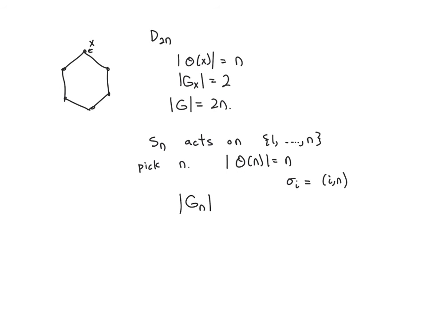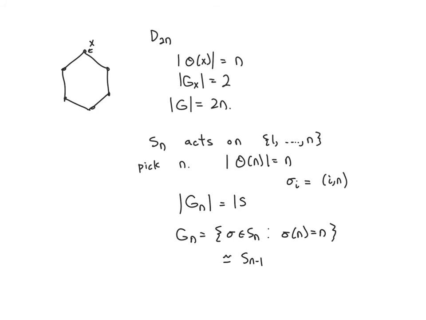So what's the stabilizer? It's those permutations that fix n, which means n is a 1-cycle, which means that you can just pretend that you're working with S(n-1) by just ignoring the 1-cycle.